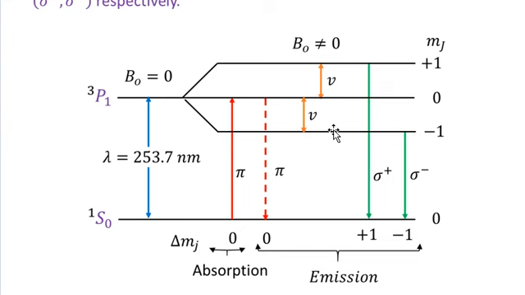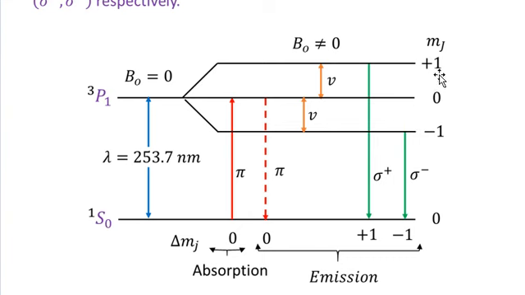So I can also use the B1 magnetic field to induce the transition from mj equal to 0 to mj equal to minus 1 level. So it means that from the pi transition, I can excite the mj equal to plus 1 level and also the mj equal to minus 1 level.